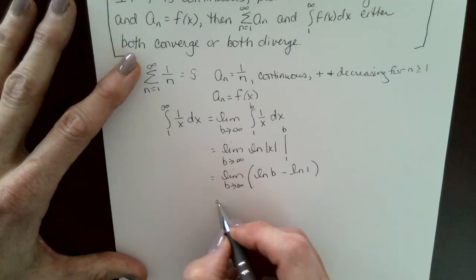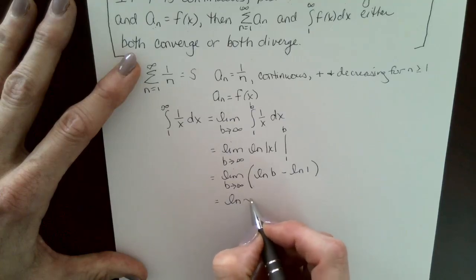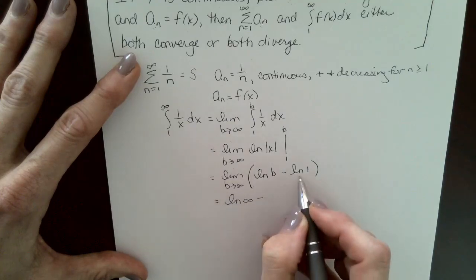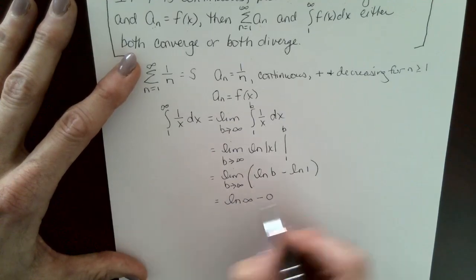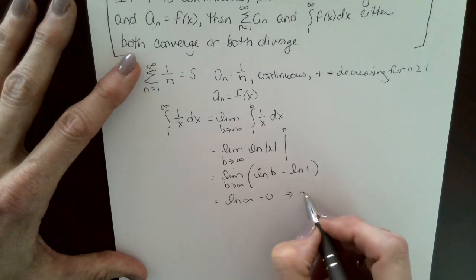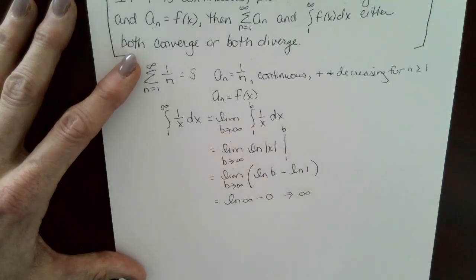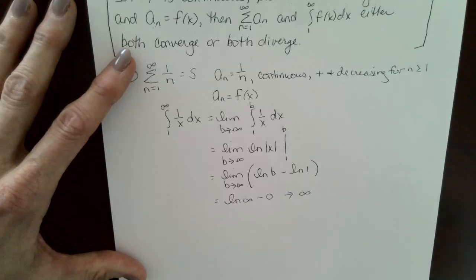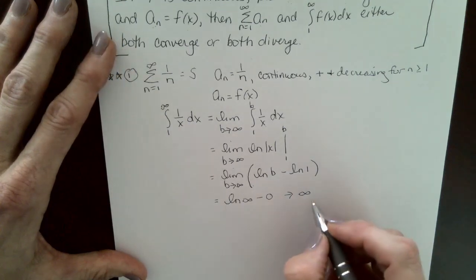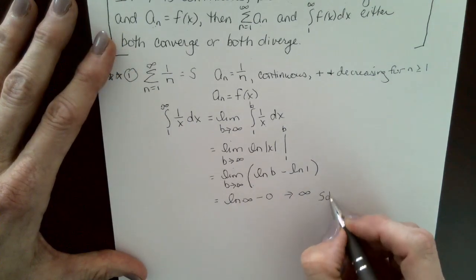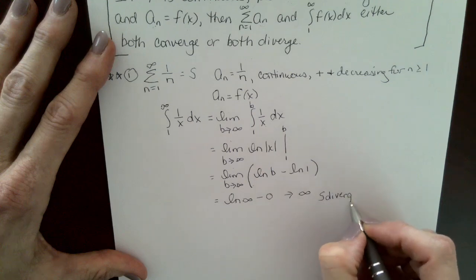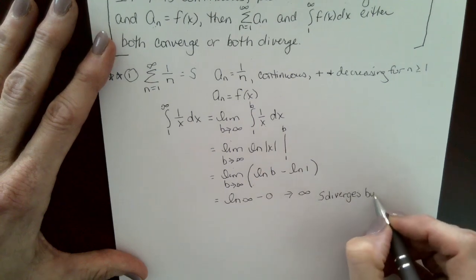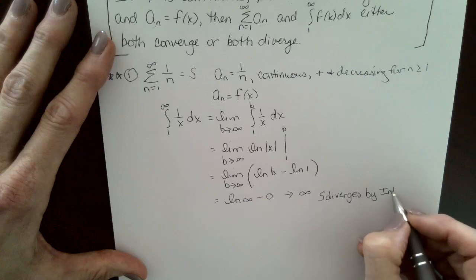So this would be ln infinity minus ln of 1, which is 0. So then this basically is infinity, even though ln is going to go really, really, really slowly, but as it grows, it's getting closer to infinity. So by saying this, I can say the series diverges by the integral test.